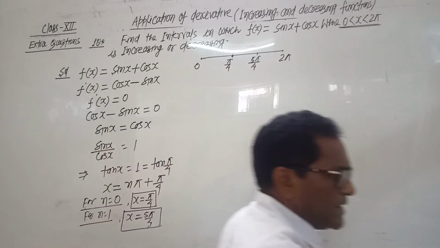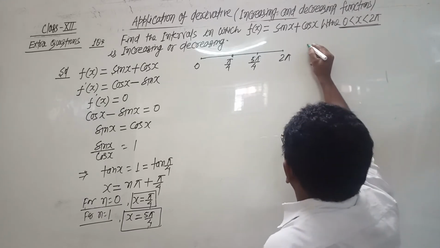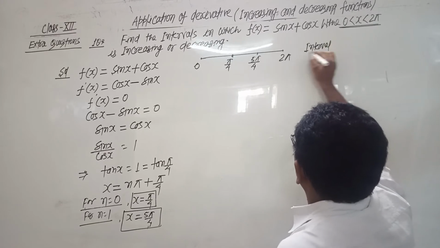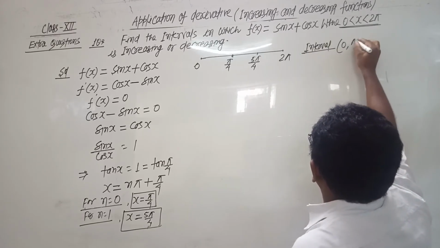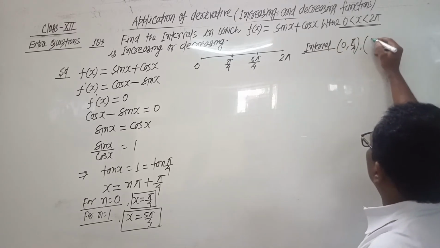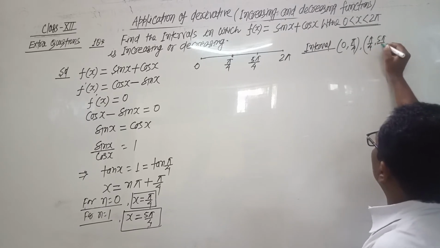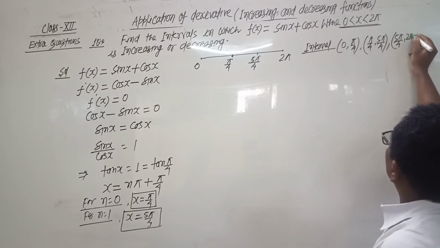Now the intervals come to be: from 0 to pi by 4, then pi by 4 to 5 pi by 4, and then 5 pi by 4 to 2 pi.